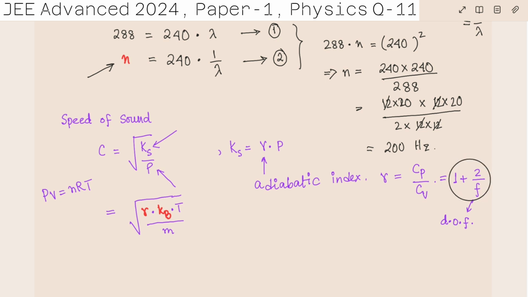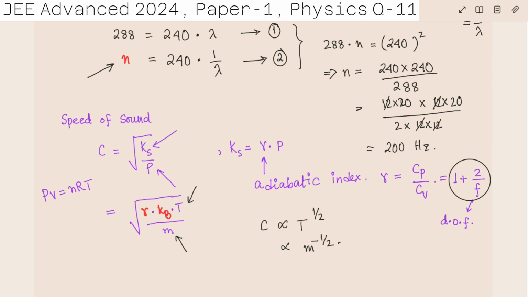The only things that depend on the system are the temperature of the medium and the mass of a single molecule. So the speed of sound is proportional to T to the power half, and it's also proportional to m to the power minus half.